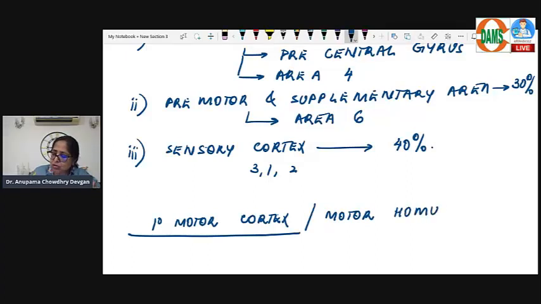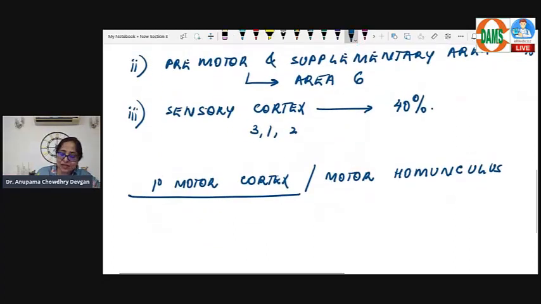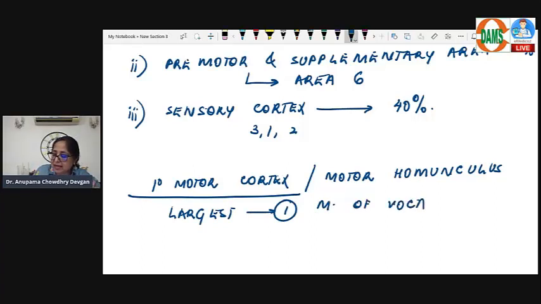Vocalization is the most complicated voluntary motor activity. So the largest representation is for the muscles of vocalization. Muscles of vocalization involve the laryngeal muscles, pharyngeal muscles, the tongue muscles, the facial muscles. So these have the largest cortical representation, right?